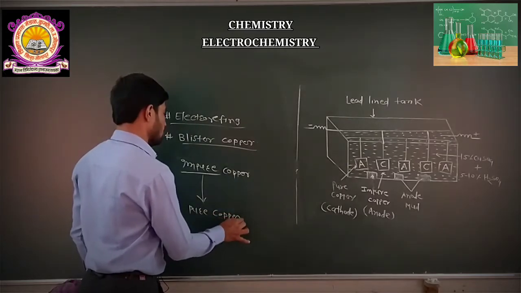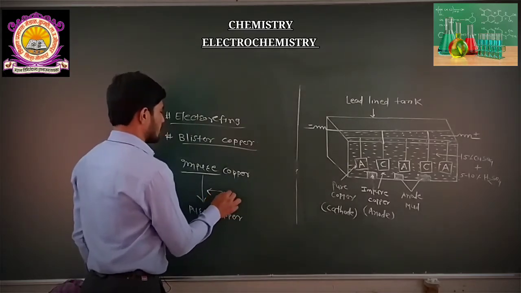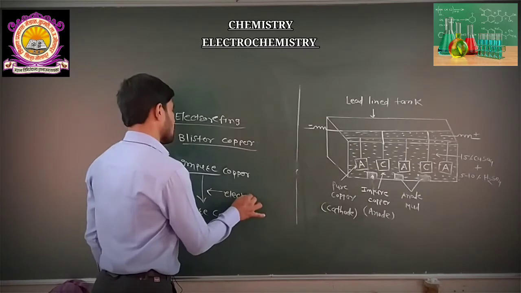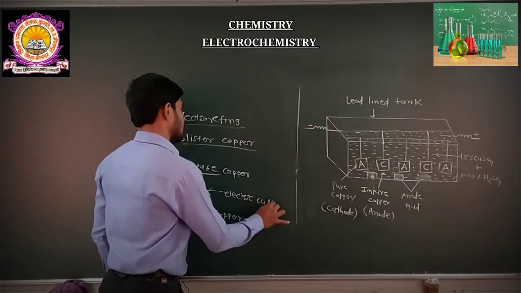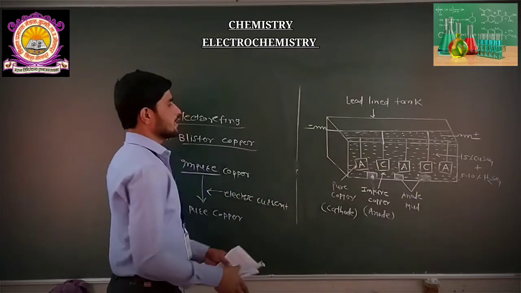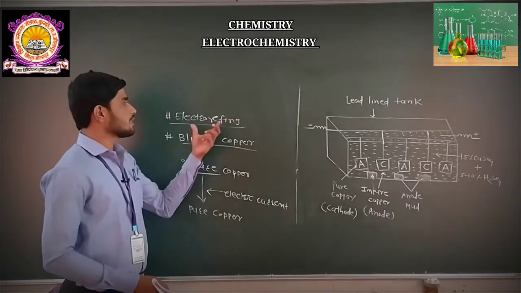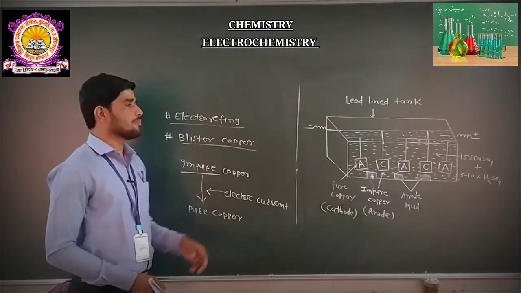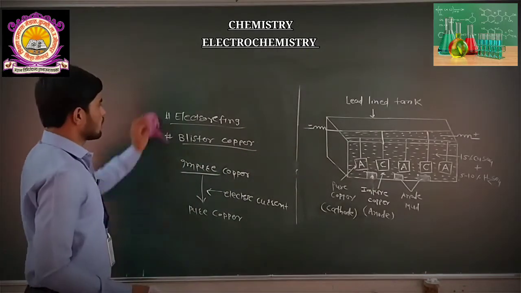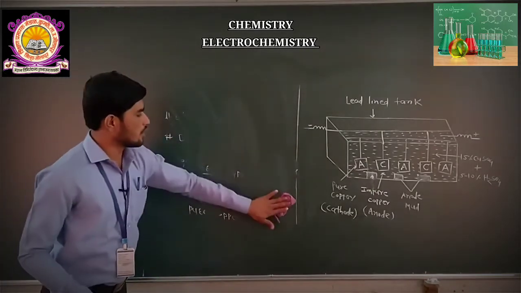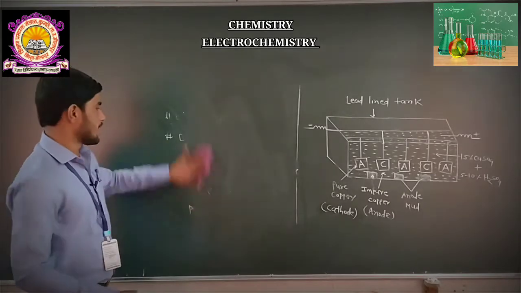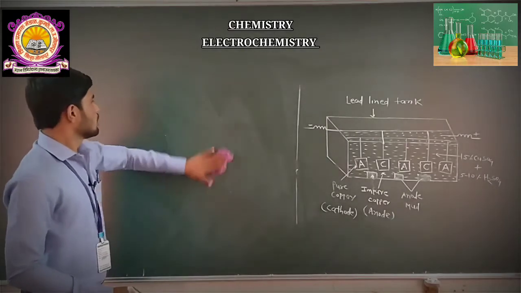By using this diagram we will understand what is meant by the exact electro-refining process of blister copper. So let's start the discussion of the diagram on the board.